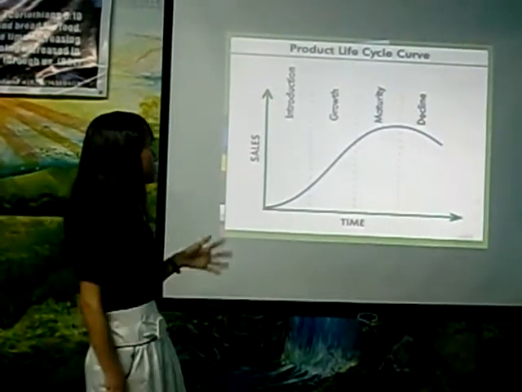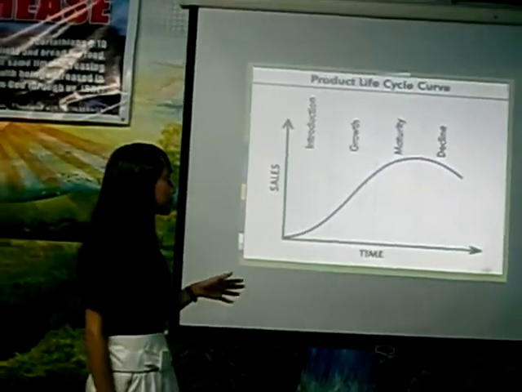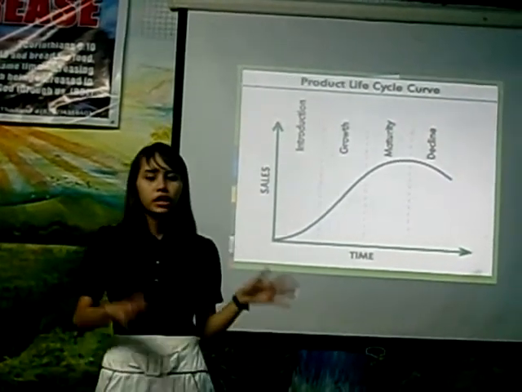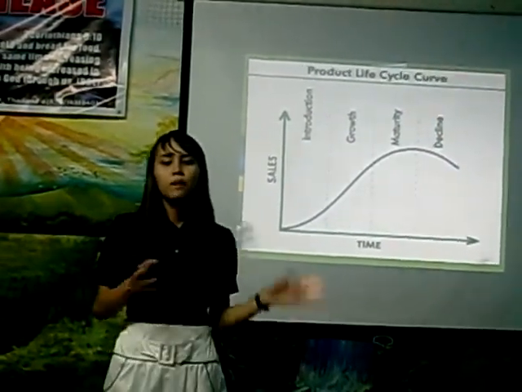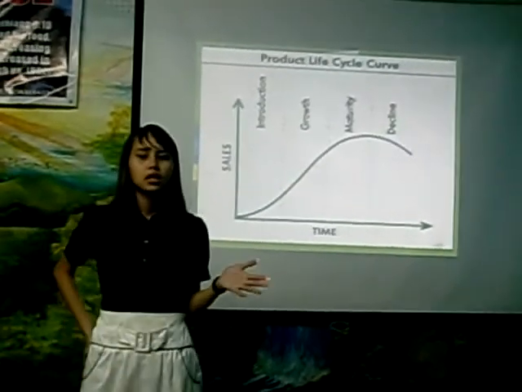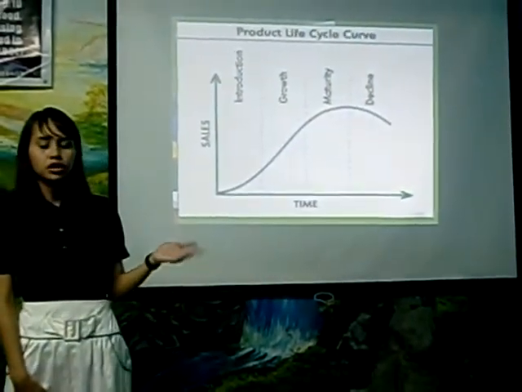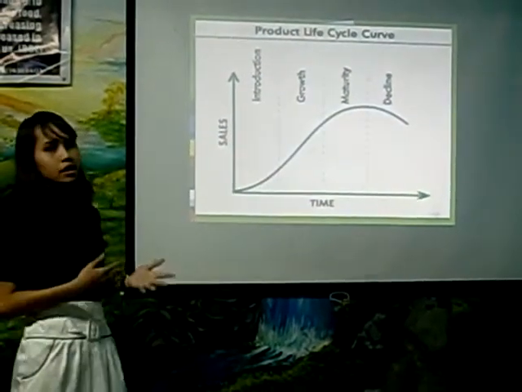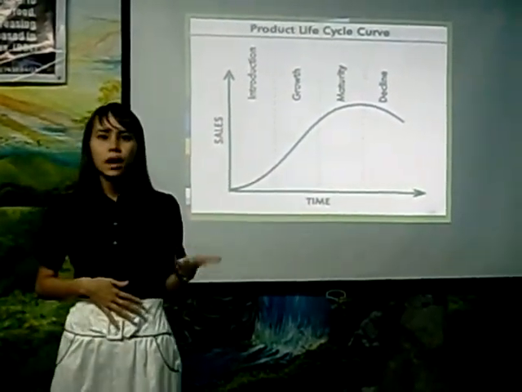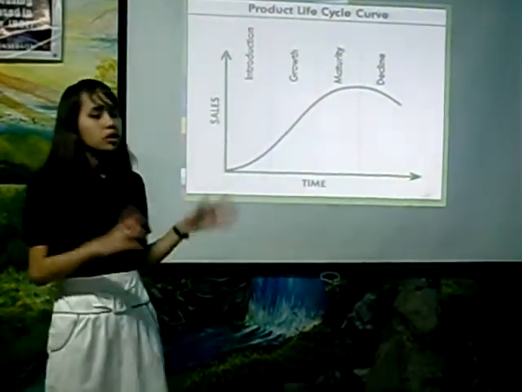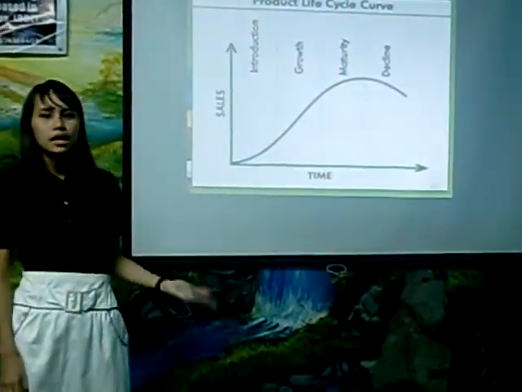Next is the maturity of the product, and then the decline in the market. After the decline, we can always go back to the first stage, the introduction, and then we will innovate another product, and then we'll go back to the product cycle.